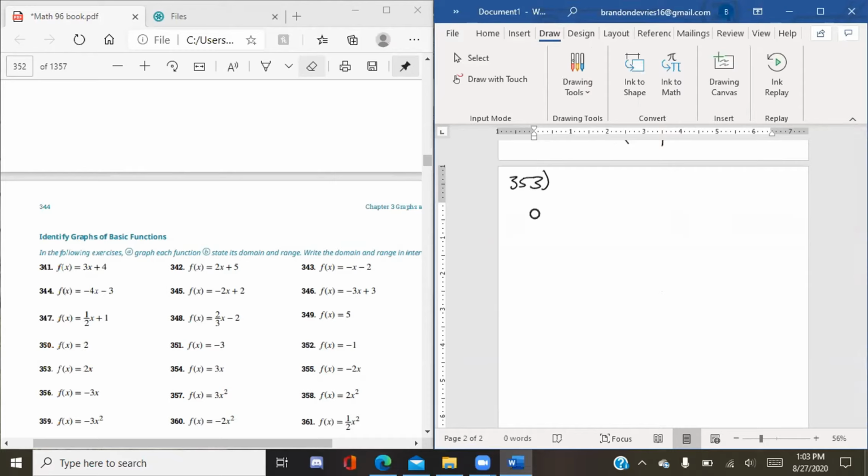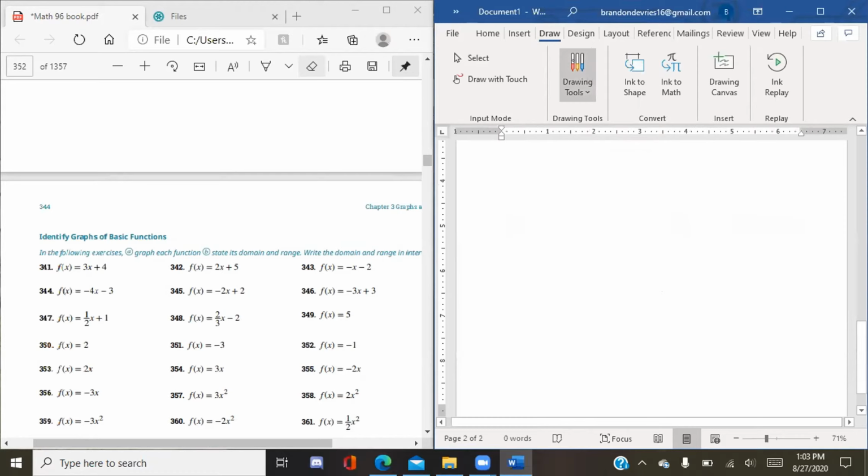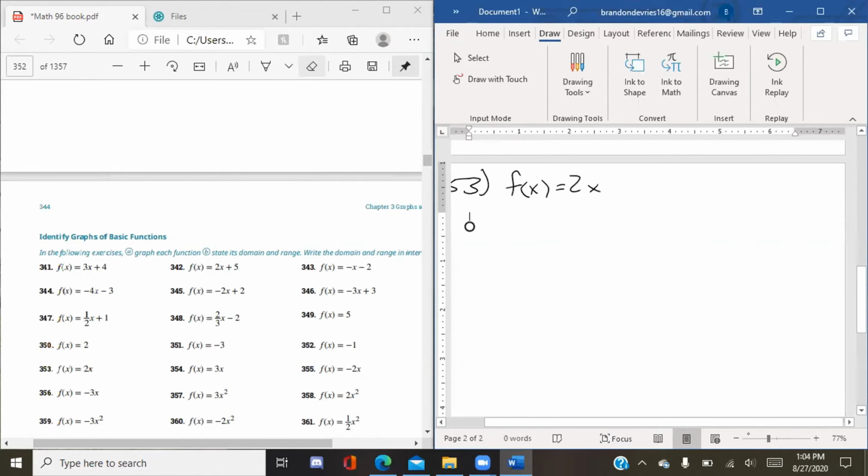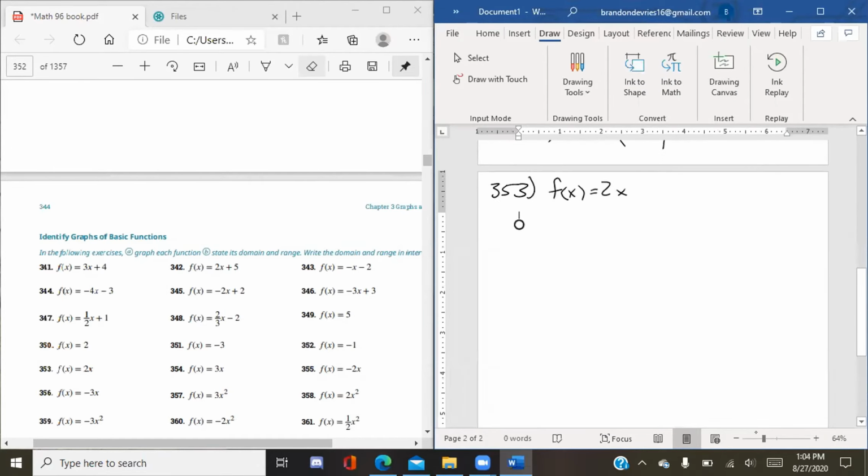All right, so f(x) equals 2x. So we do the same thing, we draw the graph. So we're gonna draw our graph.